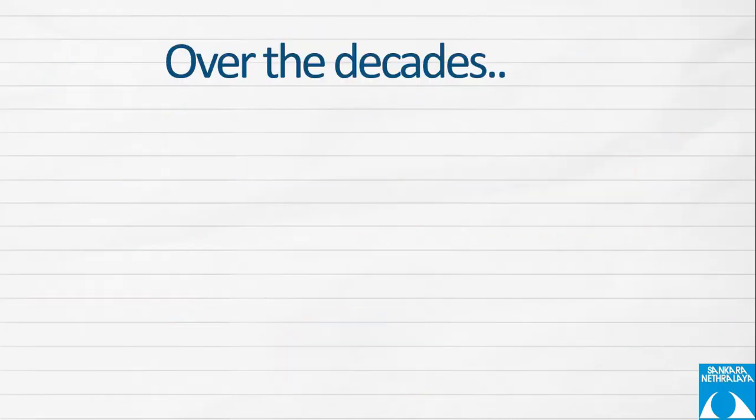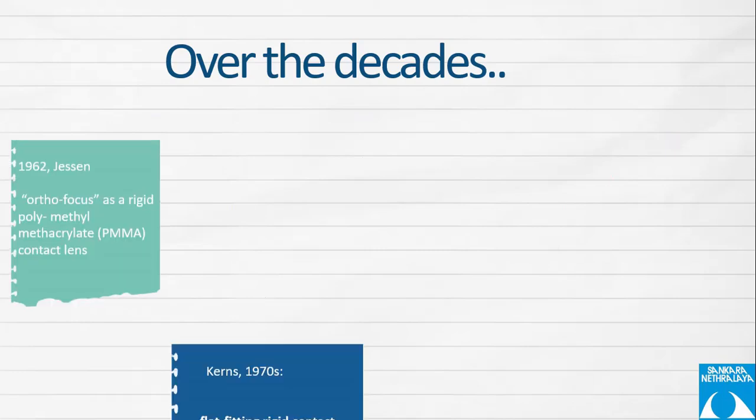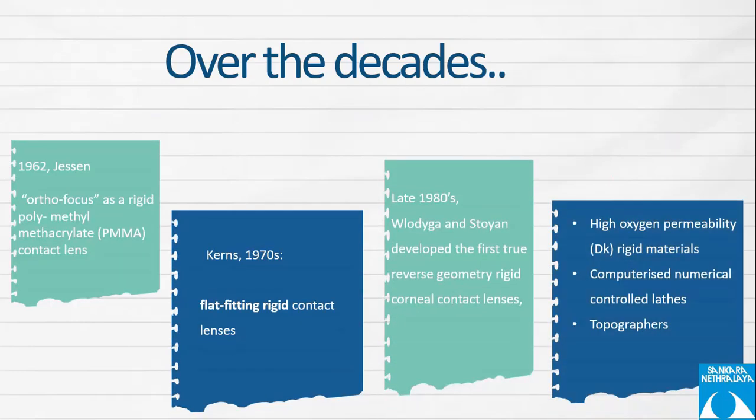reshaping. Over the decades, this started in 1962 when Jessen brought the concept of using polymethyl methacrylate contact lenses and devised a concept called orthofocus to achieve better, clearer vision without any spectacles.